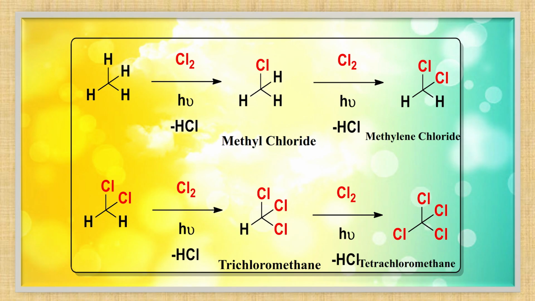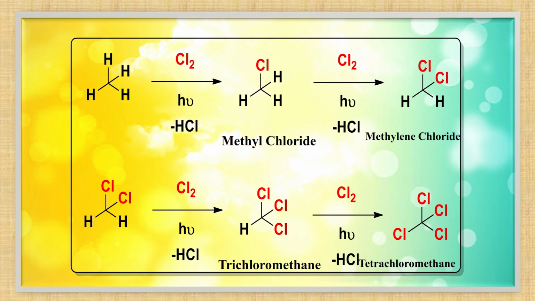Similarly, dichloromethane further reacts with chlorine in presence of sunlight, giving trichloromethane, and trichloromethane at last undergoes the same substitution, replacing hydrogen by a chlorine atom, to get carbon tetrachloride.